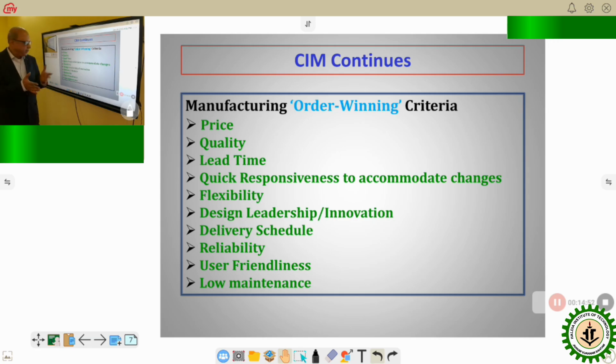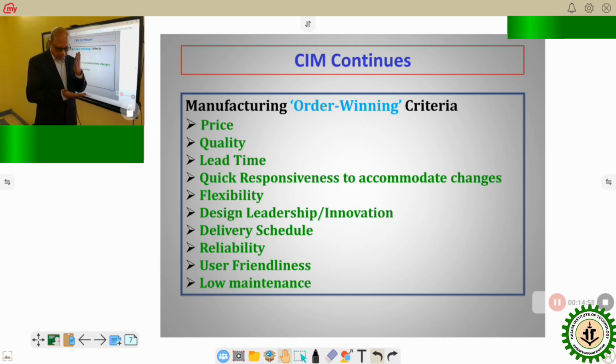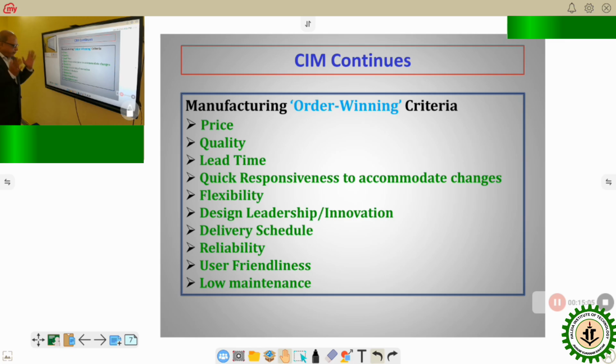That includes design, documentation, marketing, inventory planning, material procurement, production, quality check, painting, assembly, everything to be carried out. So the time from conceptualization to product realization should be as low as possible, and that is technically called lead time.